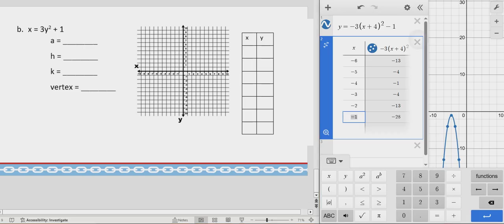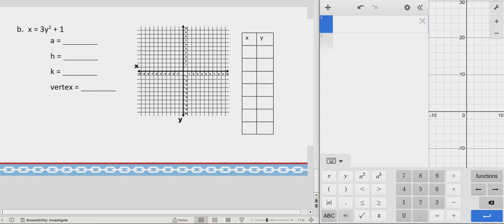For an x equals parabola, I have an a value of 3. Now nothing is getting added or subtracted to the y before I square it, so it has a k value of 0. It has an h value of 1. So I am going to have a vertex there at 1, 0.